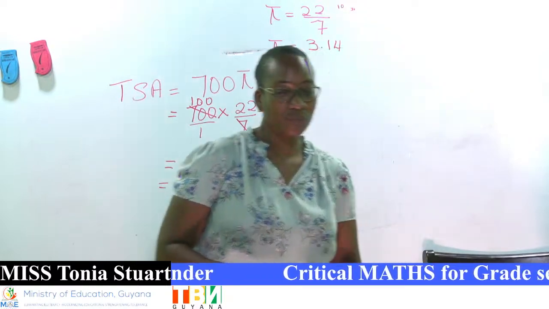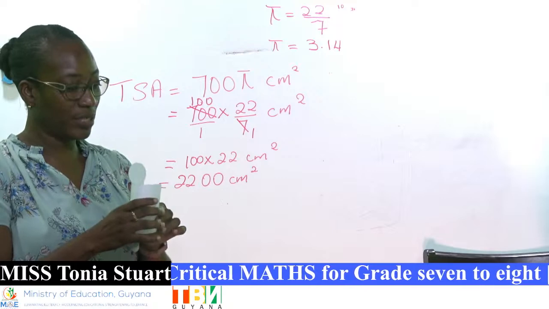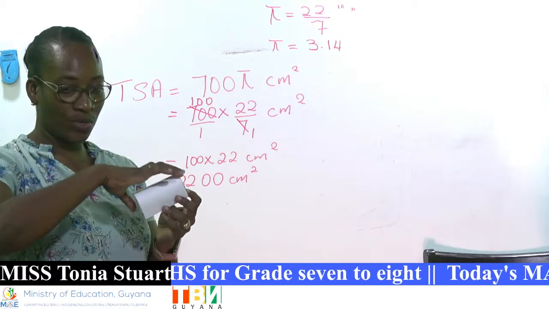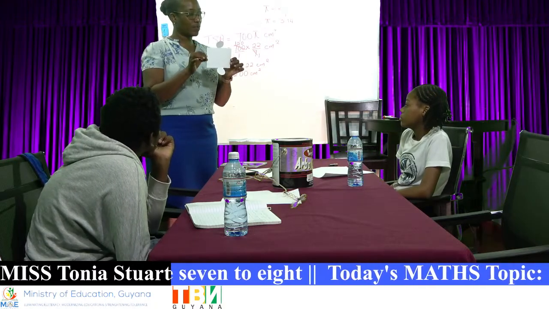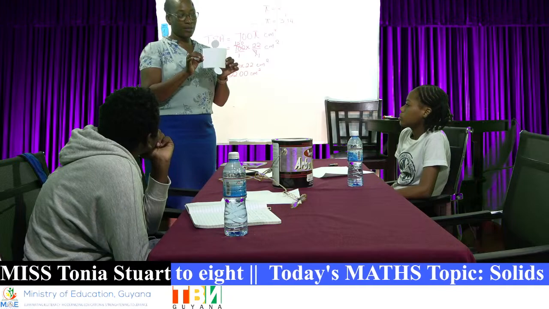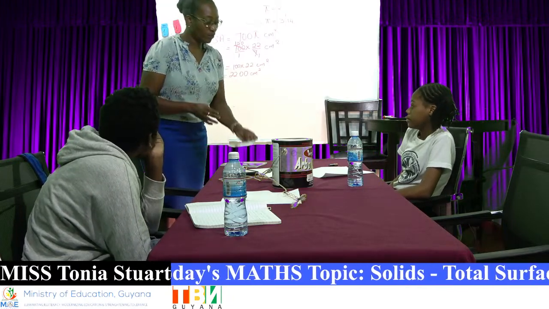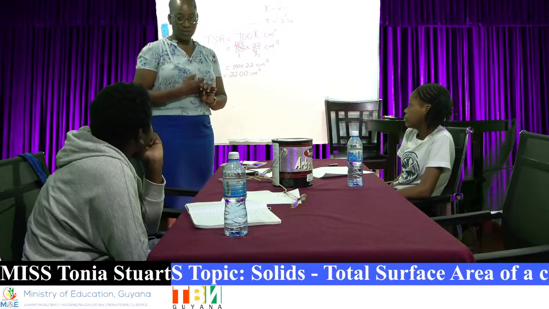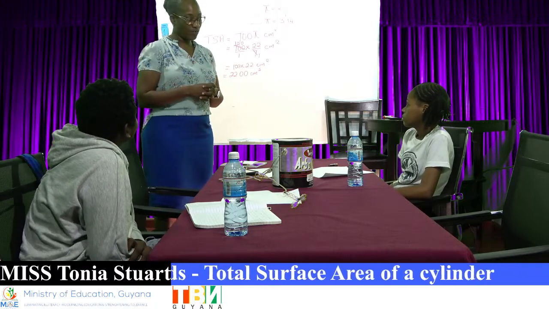However, we know that a cylinder or a cylindrical object has how many circles? 2 circles. And if you expand the curved surface area, what would you get? A rectangle or a square. So when we want to find the surface area, we need to find it for 2 circles and a rectangle or a square, which depends on the dimension of it, right?